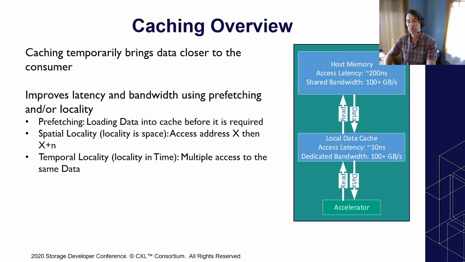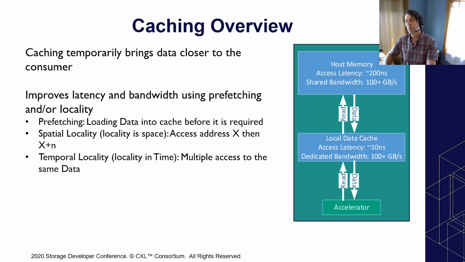And looking at the picture on the right of the slide, it shows an example of the benefits we may expect to see, where the host memory within a CPU may have an access latency of around 200 nanoseconds. It may have shared bandwidth, shared between all devices or all agents accessing the memory, of about 100 gigabytes per second.